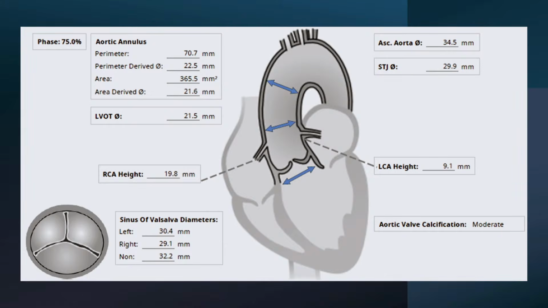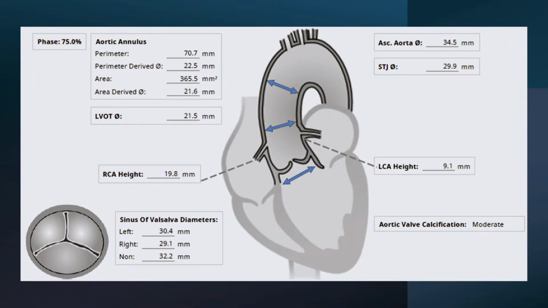The LVOT here is more or less similar to the aortic annulus, which is 21.5. Based on the area derived diameter of 21.6, we think we should go ahead with a valve size of 21.5, and then upsize the valve later based on the gradients and how the patient is behaving at that time.